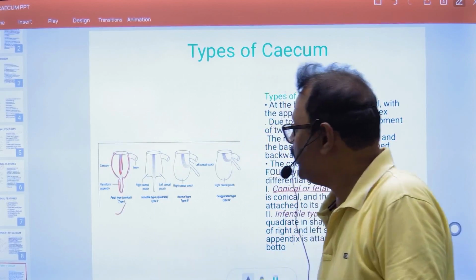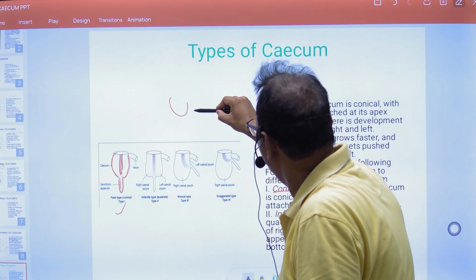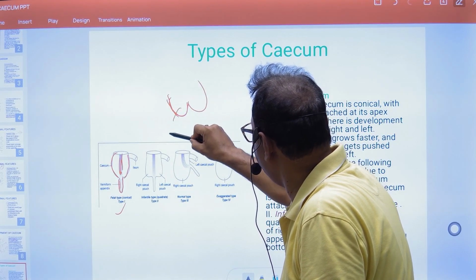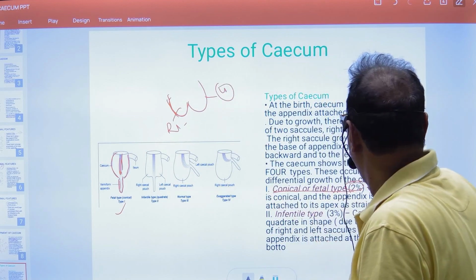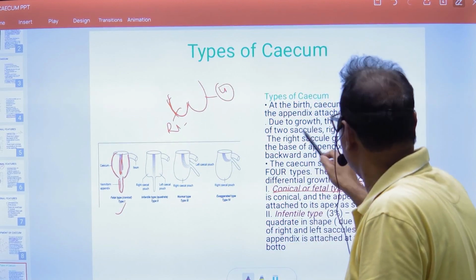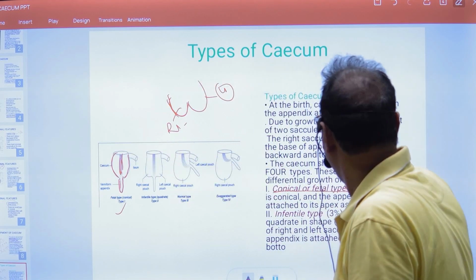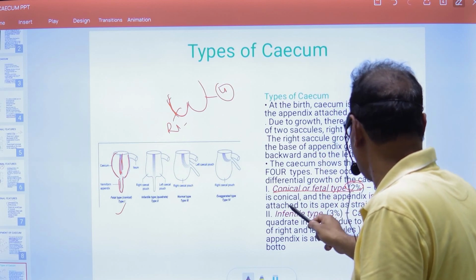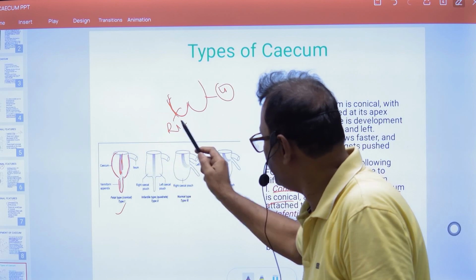With the development, the cecum divides into two, the right and the left sacculations. Two saccules grow faster. In the conical type, the appendix is attached to the base, and the cecum is conical over here.